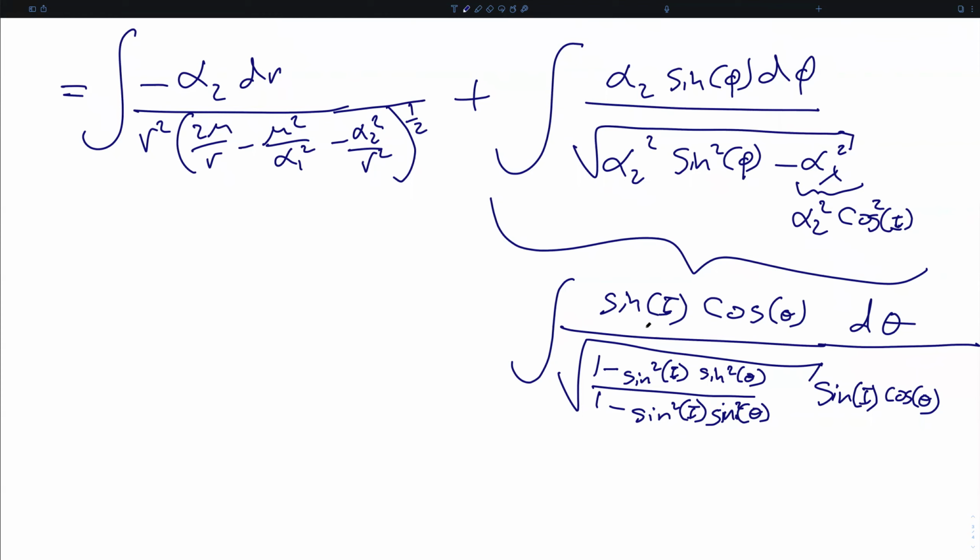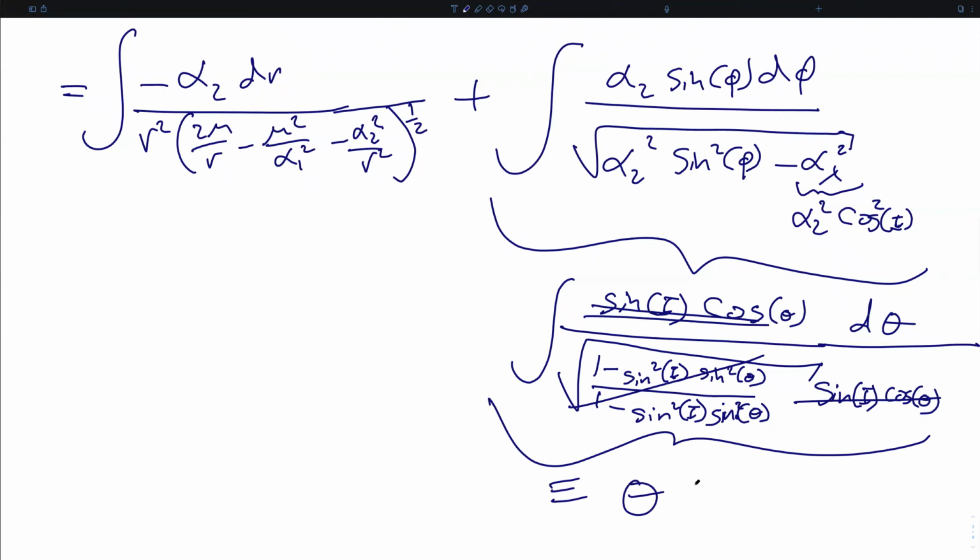And holy cow, everything cancels. Everything in here goes away. This entire integral is just the integral of d theta. And that means that this entire thing just works out to theta plus some constant of integration.